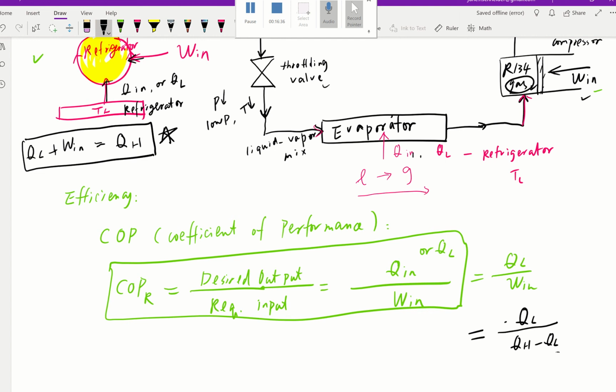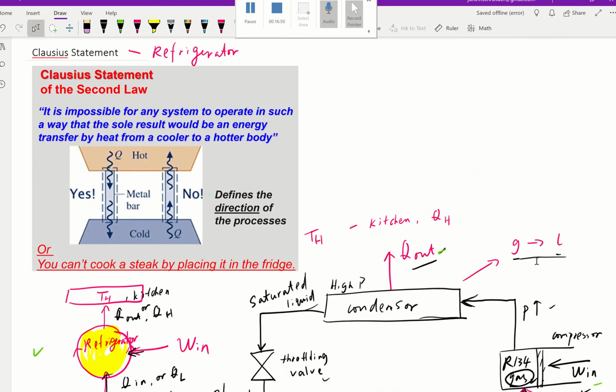And so that's going to be another expression for COP for a refrigerator. That's it. So that's our discussion on the Clausius statement using a refrigerator as an example.